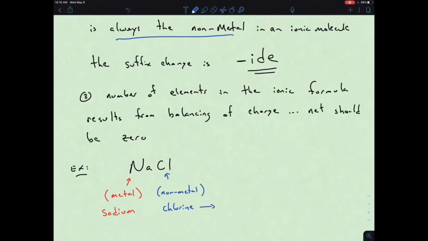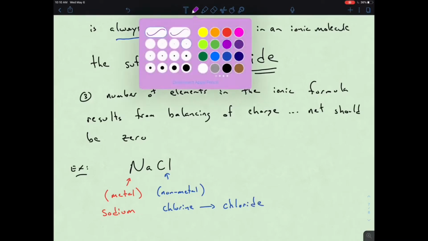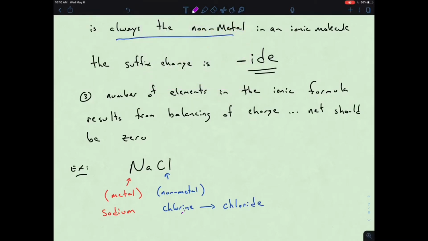But we would change it to now chloride. So getting rid of that suffix for chlorine to give us chloride, and that leaves us with something we already know, as far as the name of NaCl being sodium chloride.